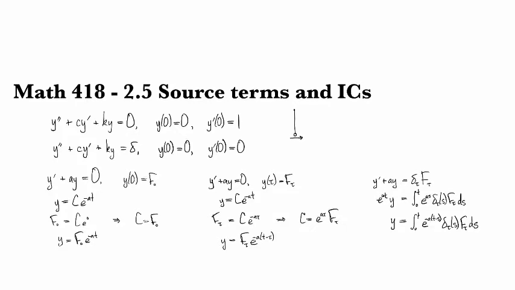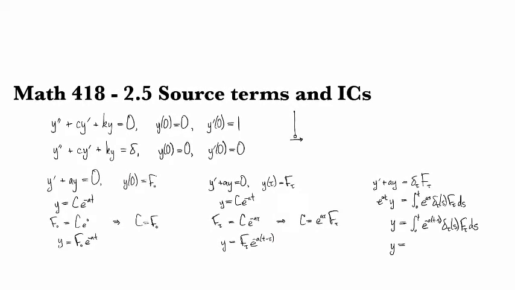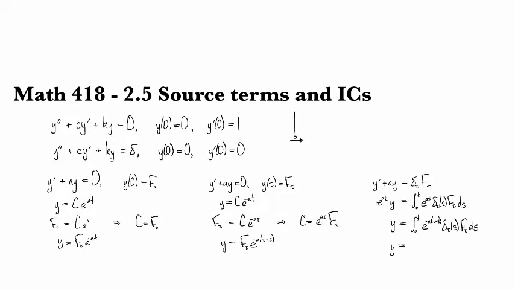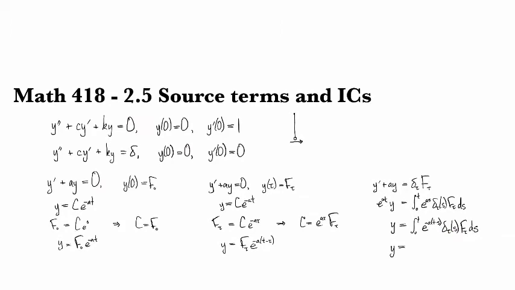And then let's see, how does this boil down? Well, when I do that integral, I use the sifting definition of the Dirac delta to say that it's going to evaluate this integrand precisely at the point where s is equal to tau. So that s is going to become tau right there.